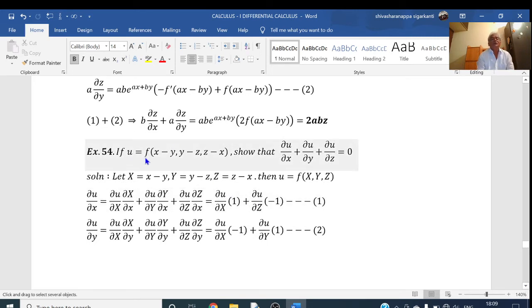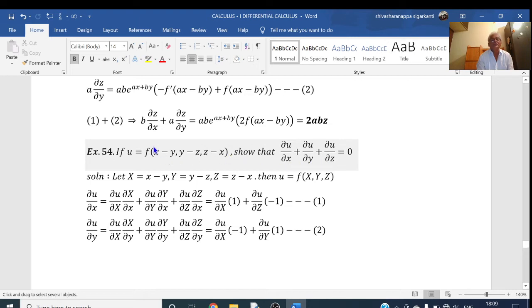If u = f(x−y, y−z, z−x), show that ∂u/∂x + ∂u/∂y + ∂u/∂z = 0. So u is a function of x−y, y−z, and z−x. We have to find the partial derivatives with respect to x, y, and z.